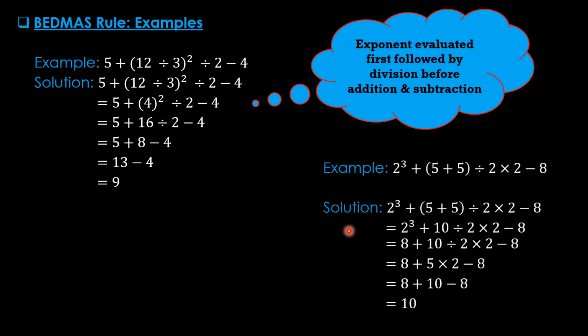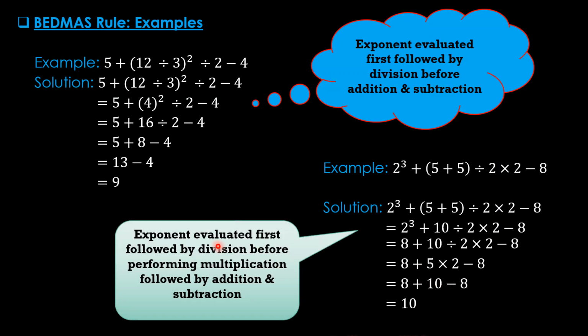And one more example here. So here we have to take care of the bracket first again. So 5 plus 5 gives 10. Then we have to take care of the exponent. 2 cube equal to 8. Then division should be performed, after which we can take care of the multiplication followed by addition and subtraction.